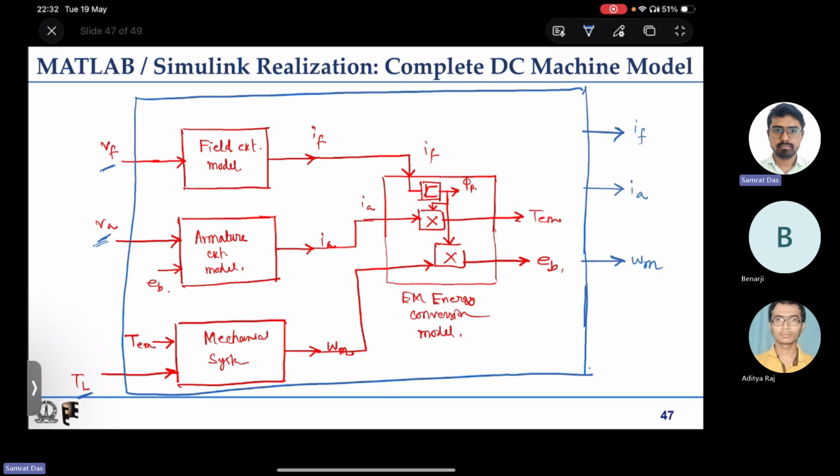So this is the DC machine model, where the inputs are VF, VA, the outputs are IF, IA, and omega m, and this depends on how the load torque varies.